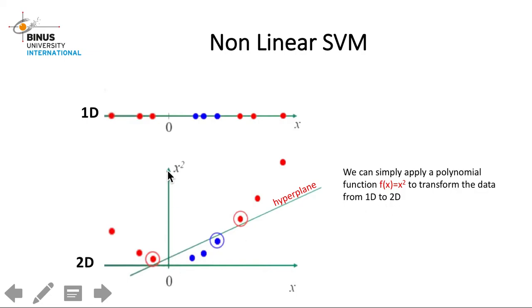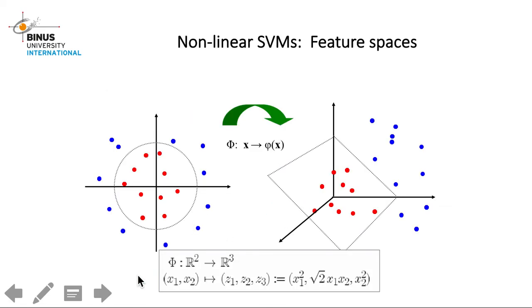So we added another dimension here, which is a function from x to its square. If you see at the point, the x is still the same, but we can move the y a bit higher, so we can draw the hyperplane in here. That's the idea. How about higher and higher dimensional spaces? For example, we have 2 dimensions.